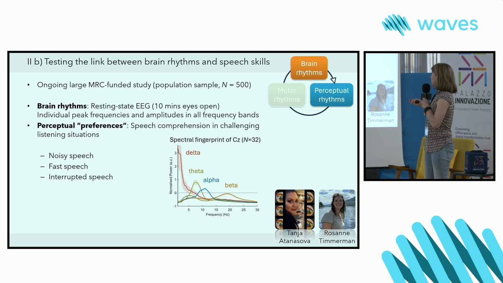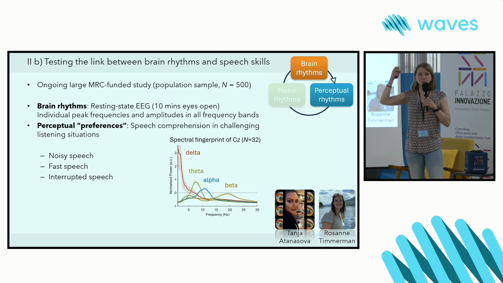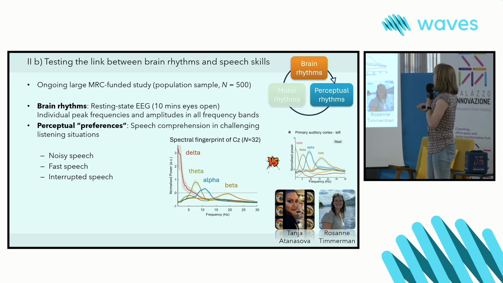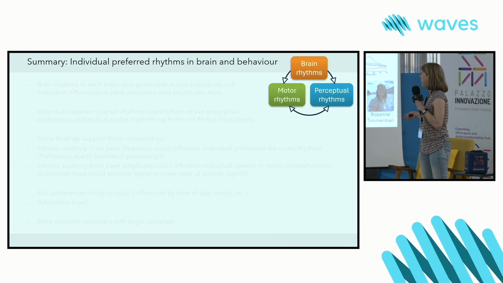This is the spectral fingerprint of CZ, an electrode that we know captures information from auditory dipoles. And this looks quite similar to the MEG results that we had, in that we do have delta, theta, alpha, and beta peaks in the EEG as well.